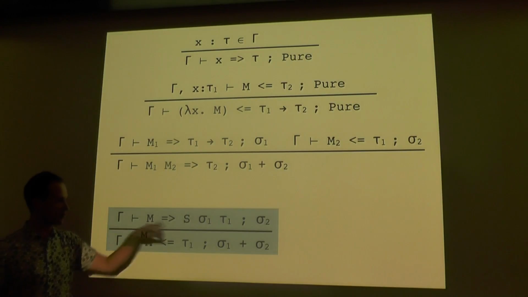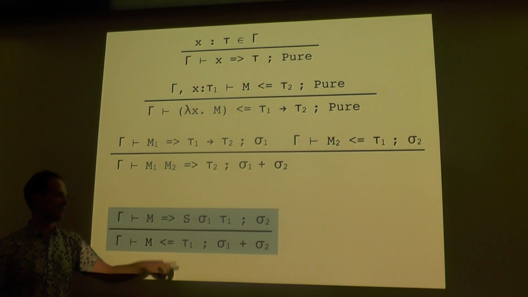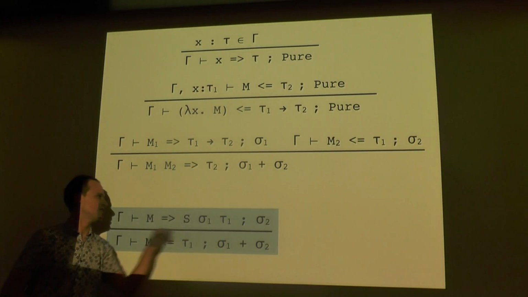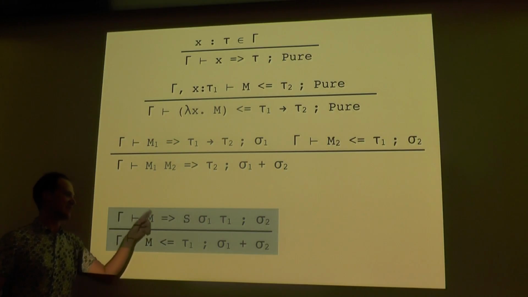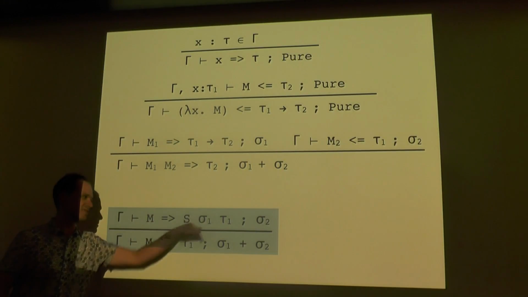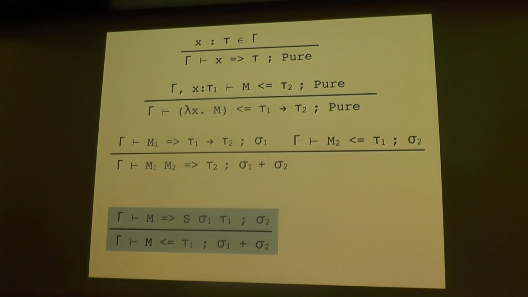And the overall effect of that, again, is the effect of getting the suspended computation as well as the effect of actually letting it out and running. So you can hook this coercion onto this standard place in bidirectional type inference.